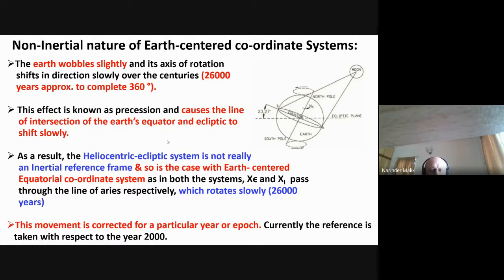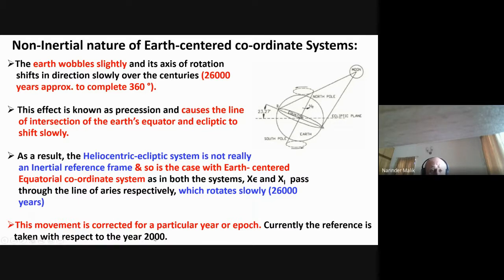So we say J2000. What coordinate system are you using? We say J2000 currently. When INSAT-1 was launched in 1980, at that time we used to take the reference of 1950. It was J1950. So from time to time, maybe after some time they may change it to another year when sufficient time has progressed.